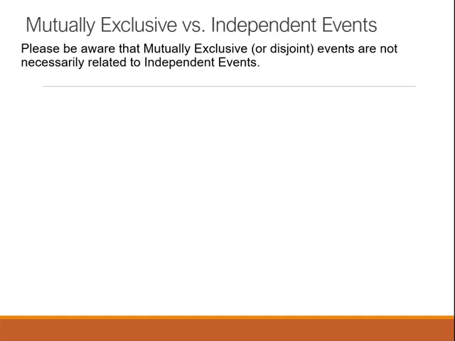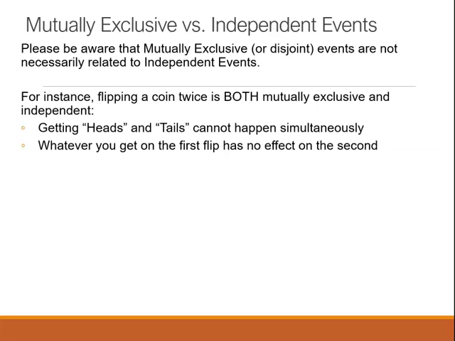So a common misconception is that mutually exclusive and independent don't necessarily have anything to do with each other. So for instance, if I flip a coin twice, that's mutually exclusive and independent, right? Because the events are heads or tails.